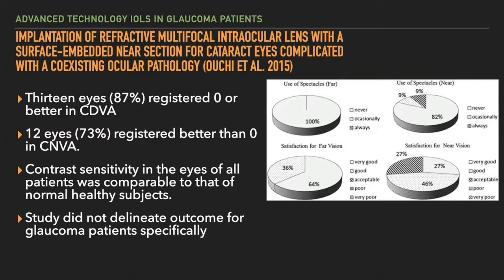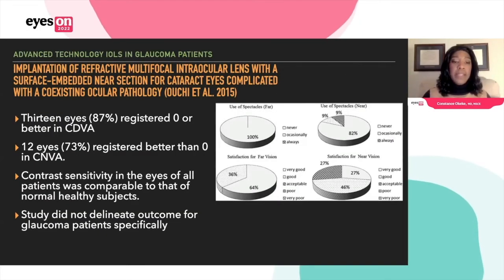But about 20% did need to use glasses for near vision. In this study, they said that contrast sensitivity in all the eyes was comparable to that of normal healthy subjects. But again, the study wasn't able to delineate specifically for glaucoma, and it was a small size.